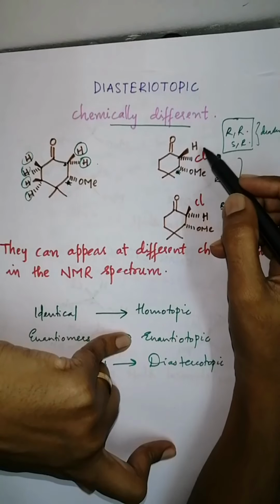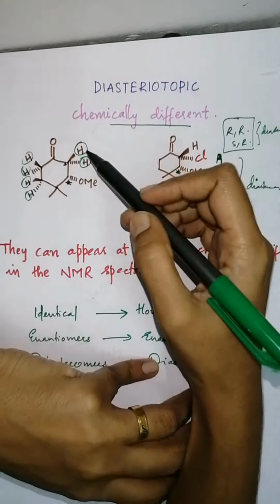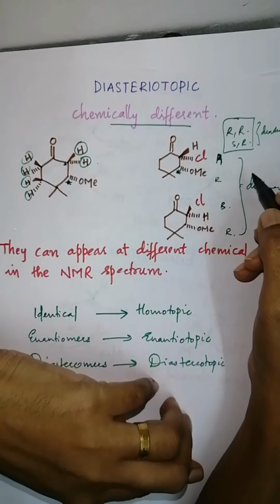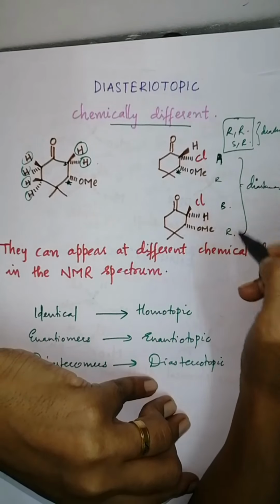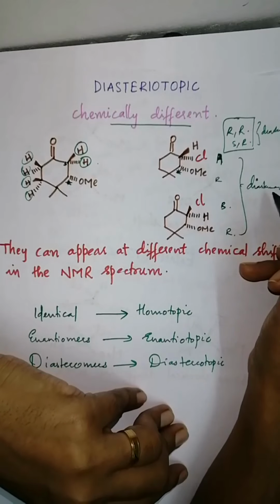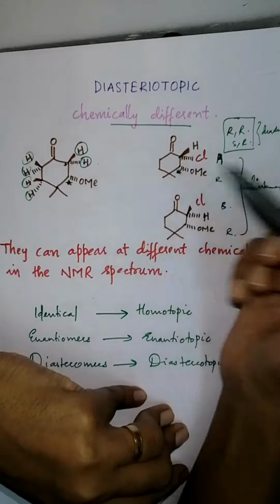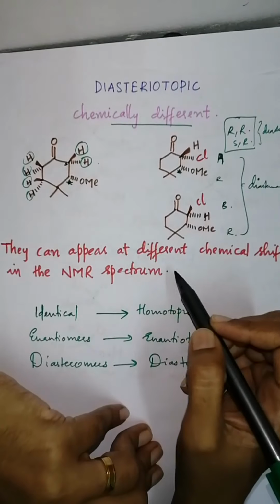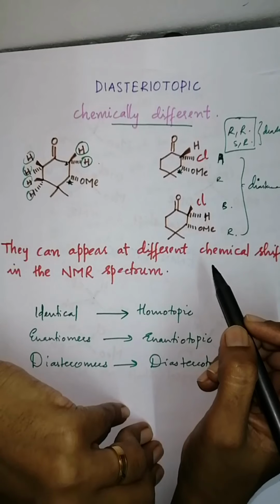So on replacing either of the hydrogens with Cl in this structure, we are getting diastereomers. So the relationship between these two structures is that they are diastereomers, or they are chemically different. So the two protons are diastereotopic protons. Also, they can appear at different chemical shifts in the NMR spectrum.